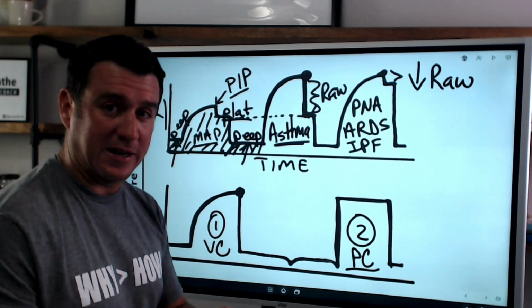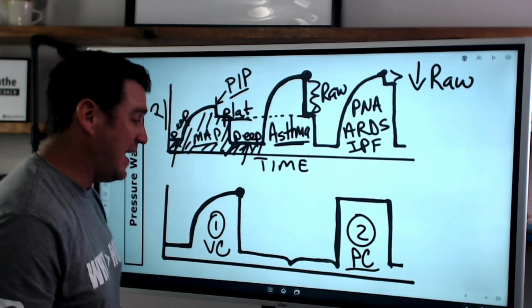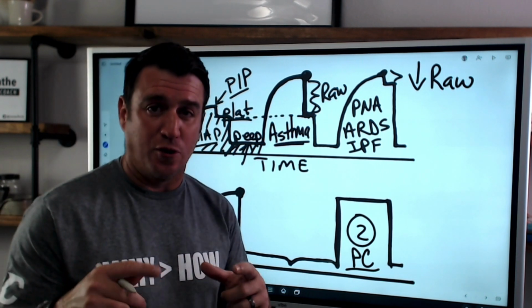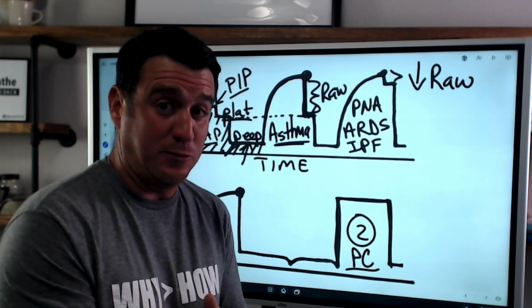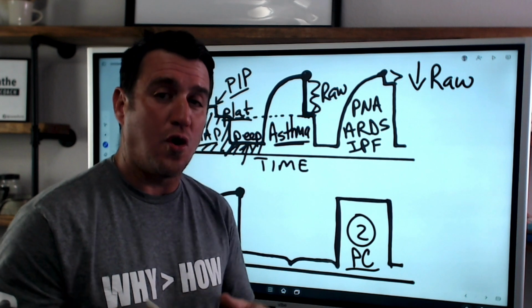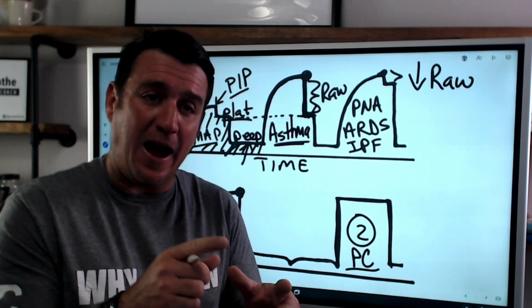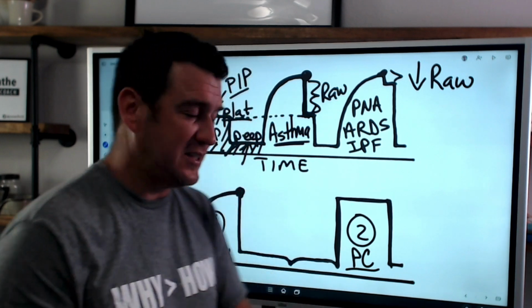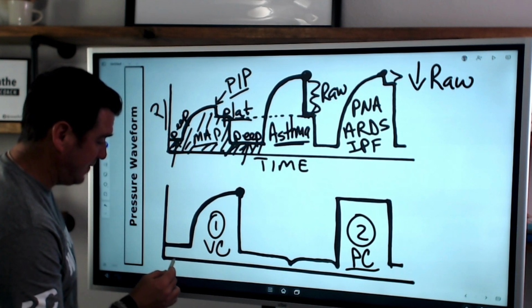Now, there's one other thing we got to talk about here real quick before we break down our questions, and that is when I look at the pressure waveform, how do I know if this is a time-triggered machine breath, or how do I know if this is a patient-triggered breath? How can I differentiate the two? Here's the answer. Look here at your baseline.